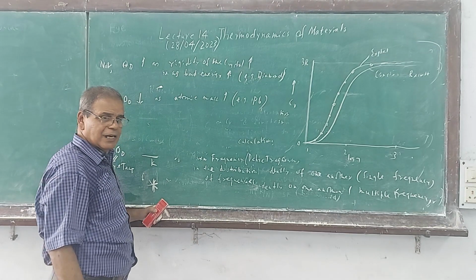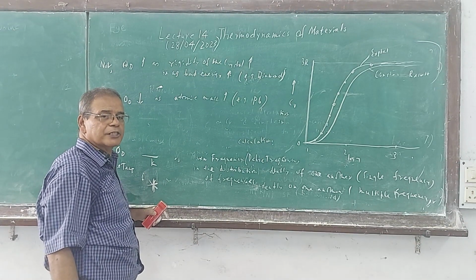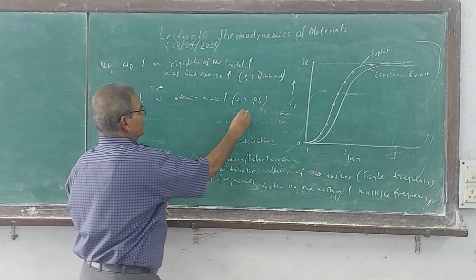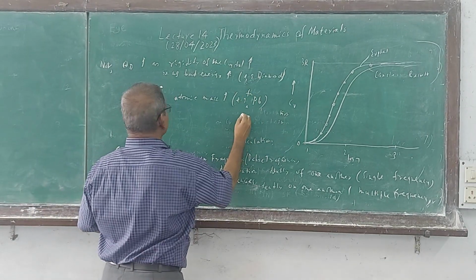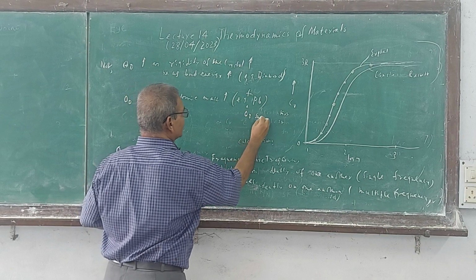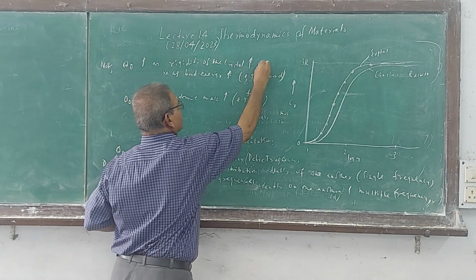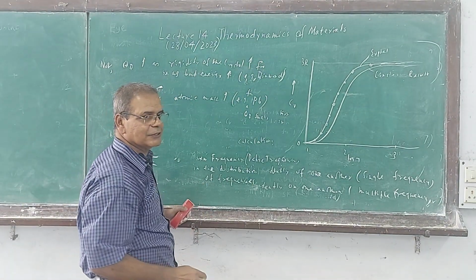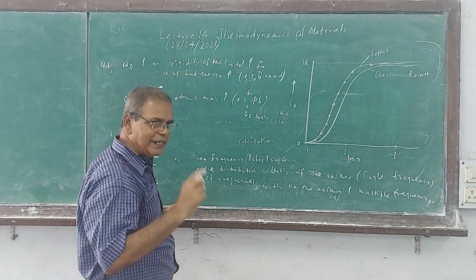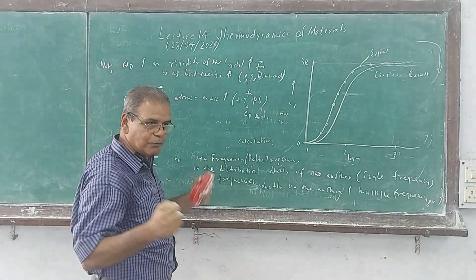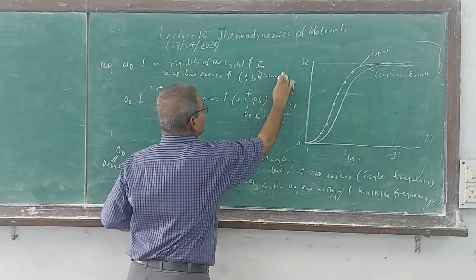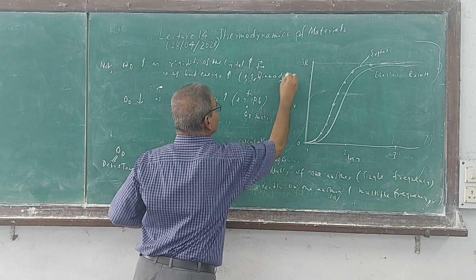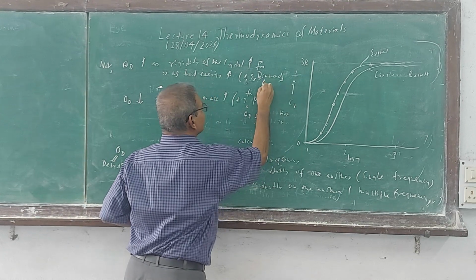Lead is a heavy atom, atomic weight 207, so for lead theta D is small. For diamond, a covalent bond, a very strong bond, there is strong interatomic force, binding energy, cohesive force and rigidity. So for diamond, theta D is large.